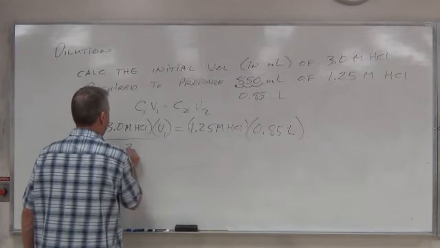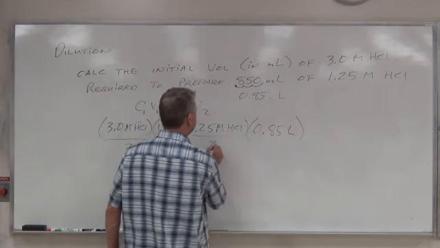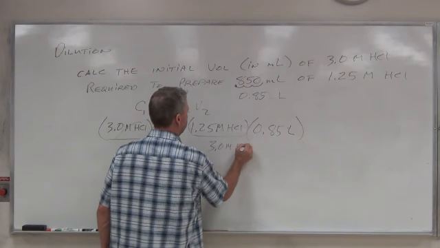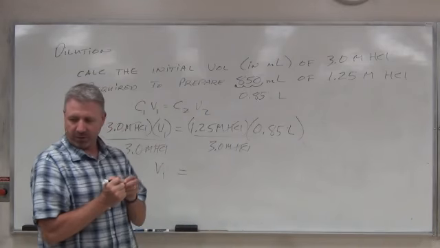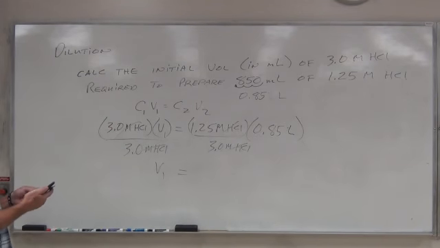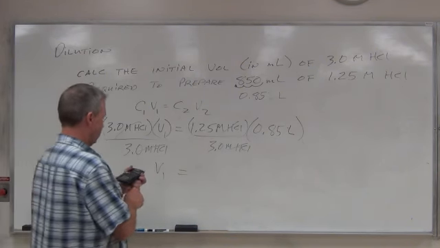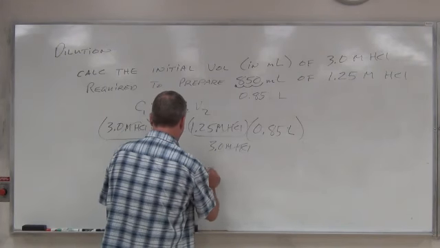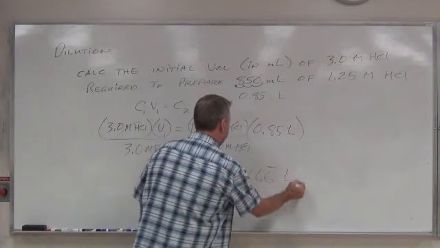I'll divide both sides by 3. And my volume 1 will be 0.3541666 liters.